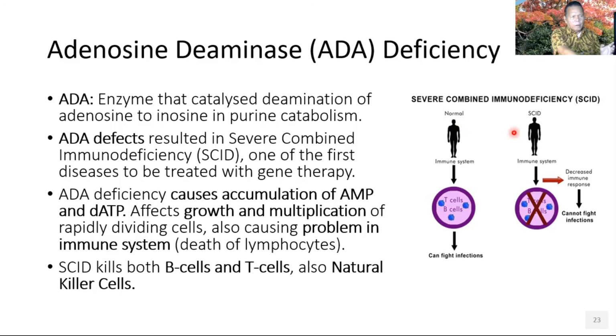In discussing the immune system of a normal person, there are T cells and B cells.